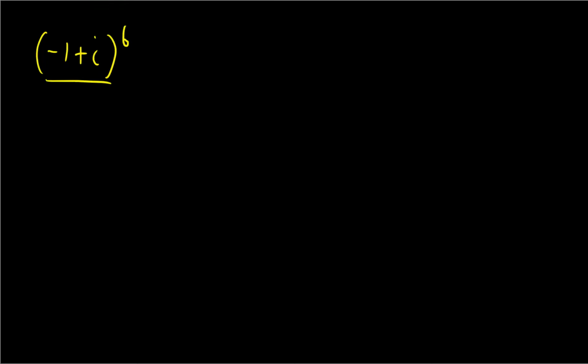So let's get ourselves a coordinate plane. Remember, when we're working with complex numbers, there's a real axis that's like the equivalent to the x-axis, and there's an imaginary axis that's like the equivalent to the y-axis. So our -1 plus i will go -1 on the real, over here, and plus i, that's +1 on the imaginary.